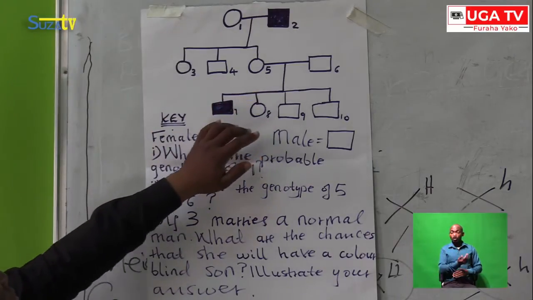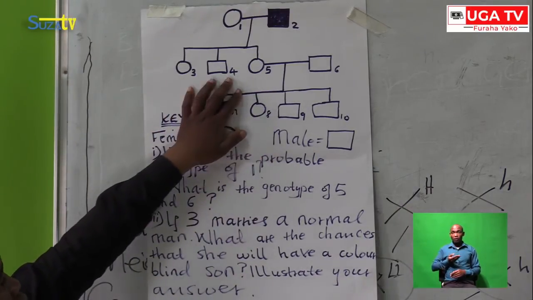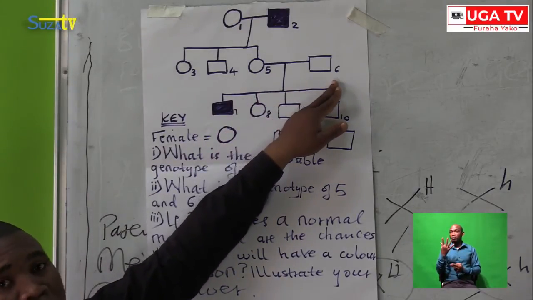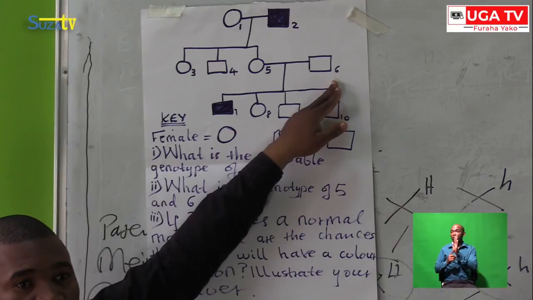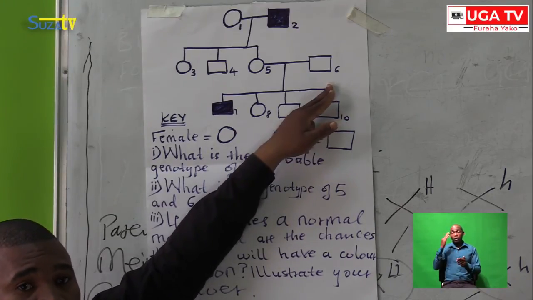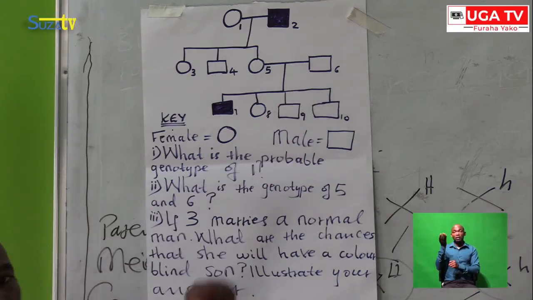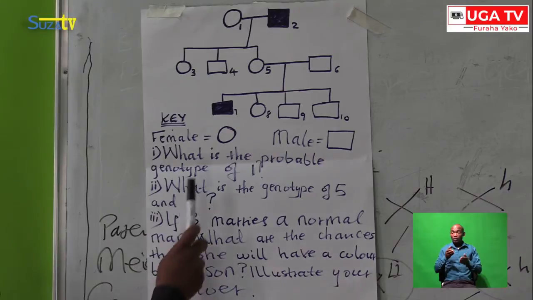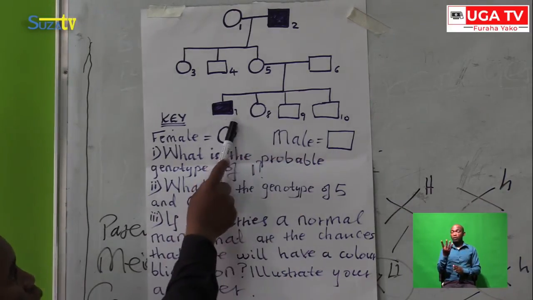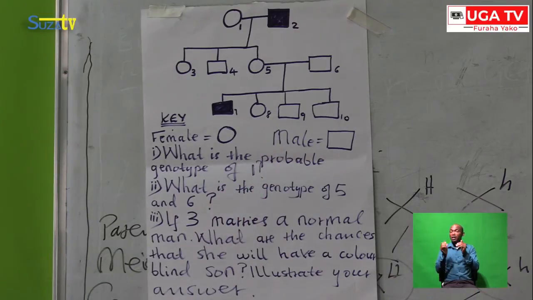Two are female, while number 4 is male. Also number 5 marries number 6. They don't know the genotype, the kind of genes possessed by this one. And their children are number 7, number 8, number 9, and number 10.